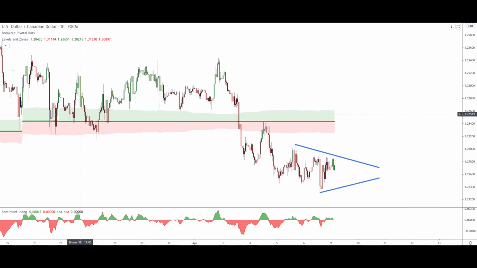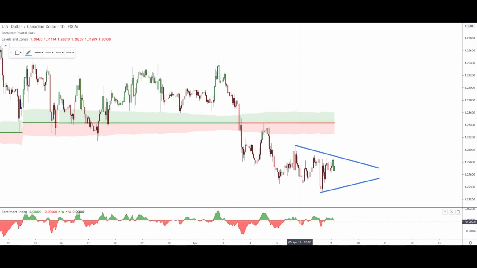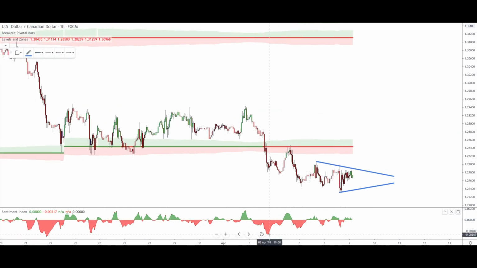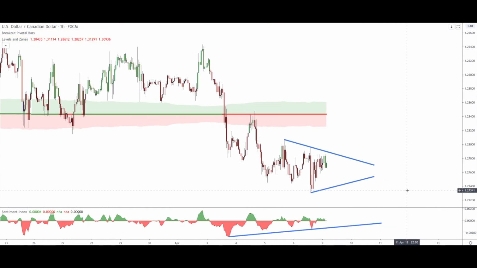And then also on the bearish sentiment index, we can draw a trend line here which looks like this. So what this means is that the bearish sentiment index is getting compressed towards the zero line.